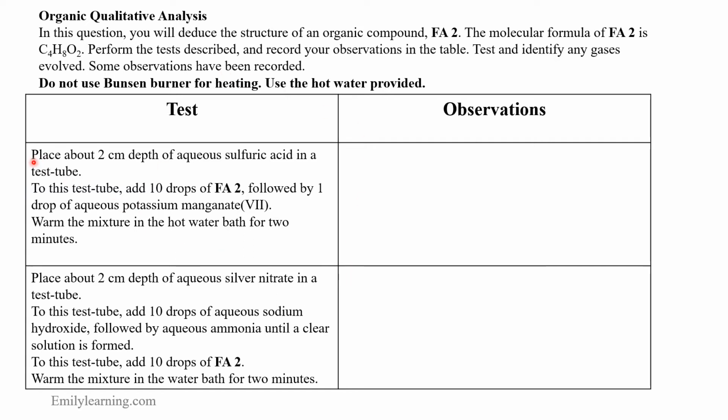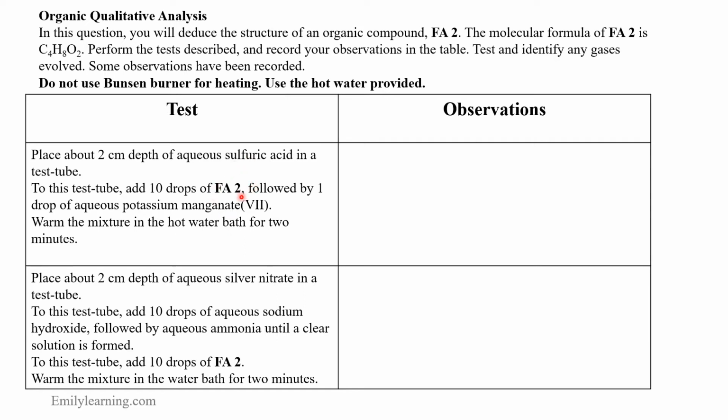So in the first test, you're asked to place 2 cm deep of aqueous sulfuric acid in the test tube. Then next, you need to add 10 drops of FA2, which is this organic compound, followed by 1 drop of aqueous potassium manganate(VII). Warm the mixture in hot water bath for 2 minutes. If you see potassium manganate, in other words it is telling you that you are testing for oxidation.